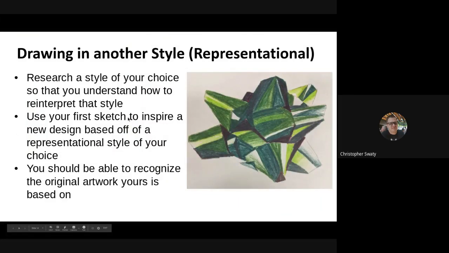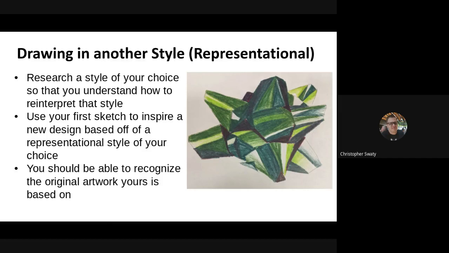You'll use your first sketch to inspire a new design based off of a representational style. So it'll still look like your object, just in a different, distinct style. And, you know, this is like a little mini series that we're doing. So you should still be able to recognize the original artwork that yours is based on.